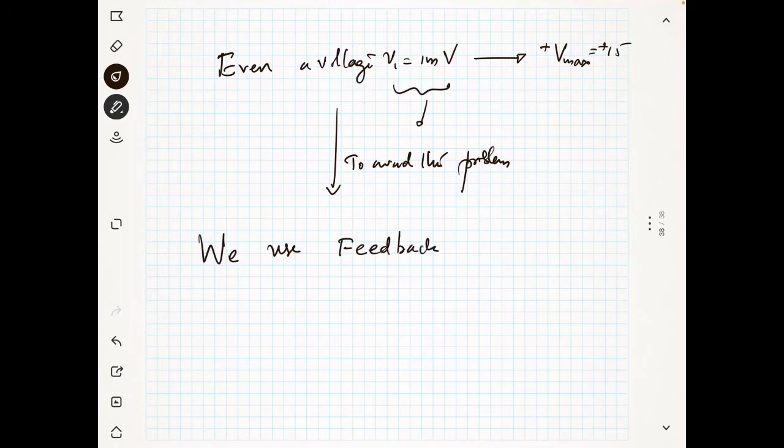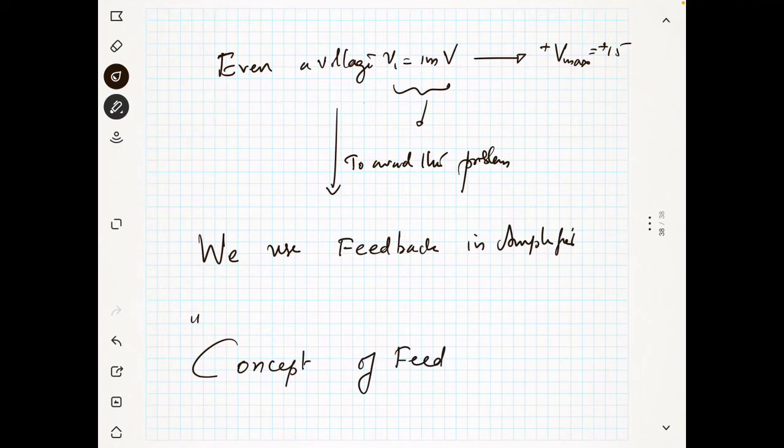That means you will be feeding back your output to the input. So you will be using the concept of feedback in amplifiers. This is a very important concept, and we are now studying the concept of feedback.